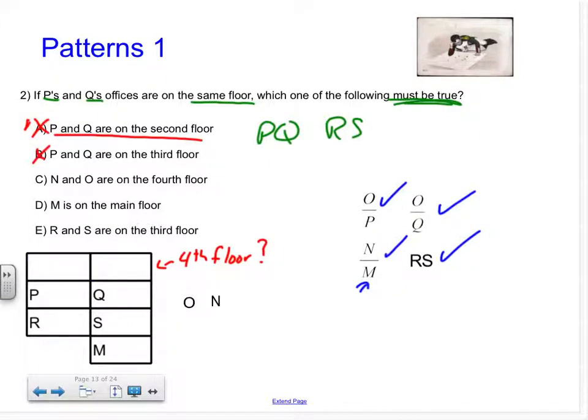And I know that O has to be on top of P and Q. So let's take P and Q out, and we'll swap it out with R and S. So let's put R and S on the very top, because they need to stay together. Let's put O and N on the third floor, so they are on top of P and Q.